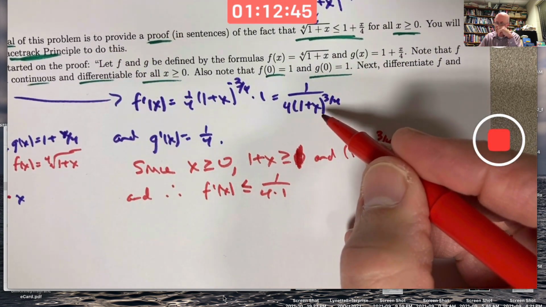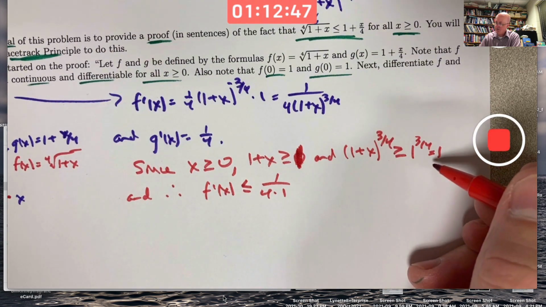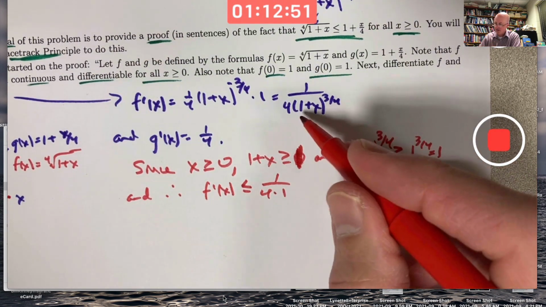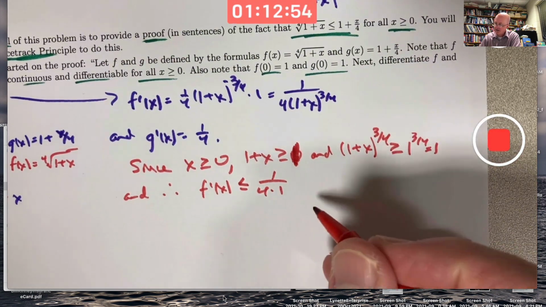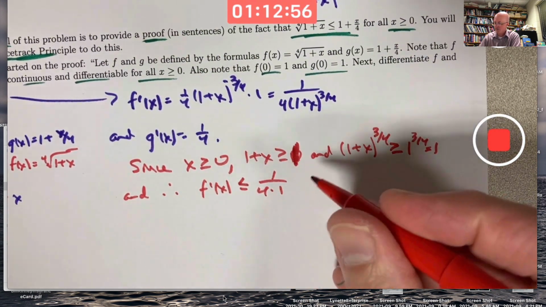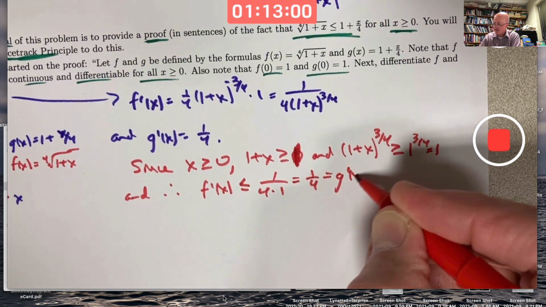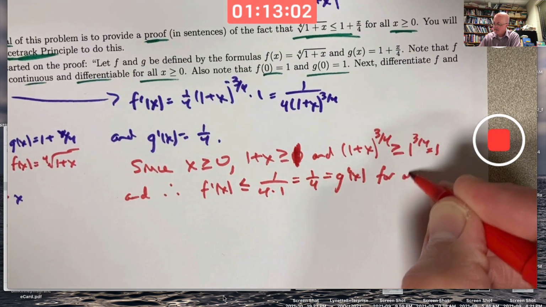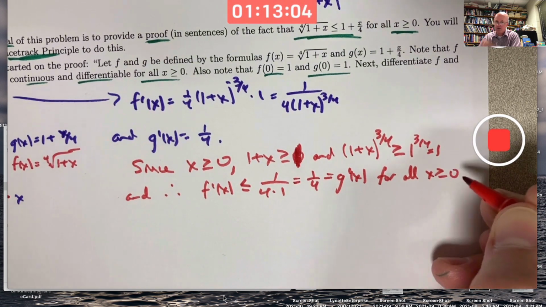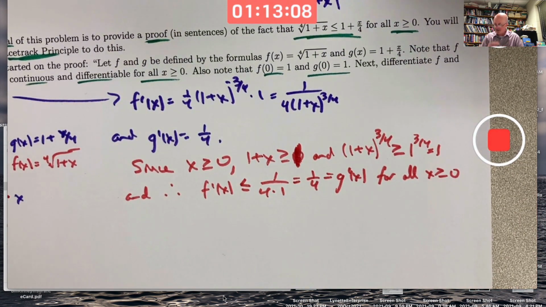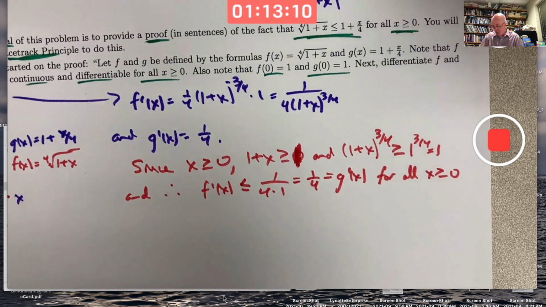If the bottom of the fraction is greater than or equal to 4 times 1, then when I take the reciprocal of the bottom to give me the fraction, it must be less than or equal to 1 over 4 times 1, which is 1/4, which is, hey, that's g prime of x, for all x greater than or equal to 0. Okay, so looks hard, but it's actually easier than it looks, but you need to know what to say.